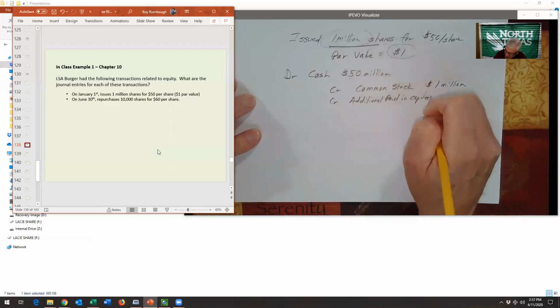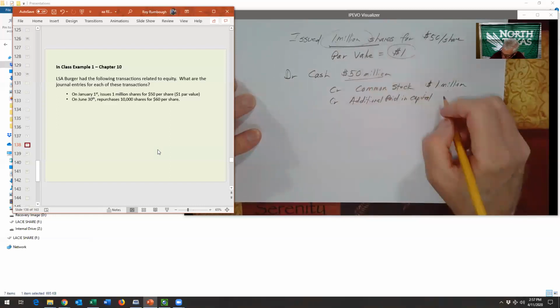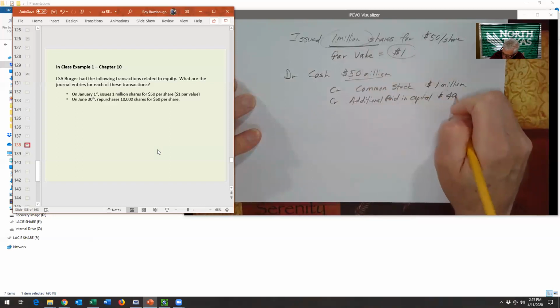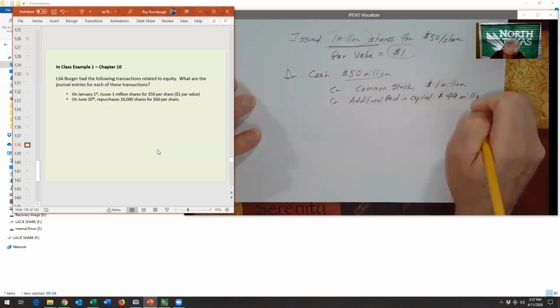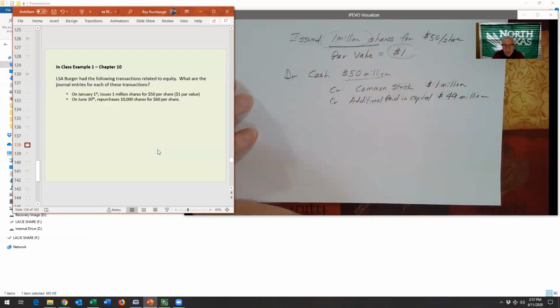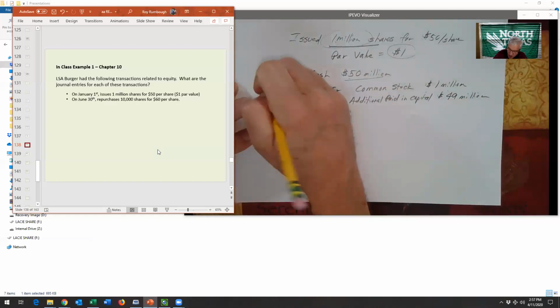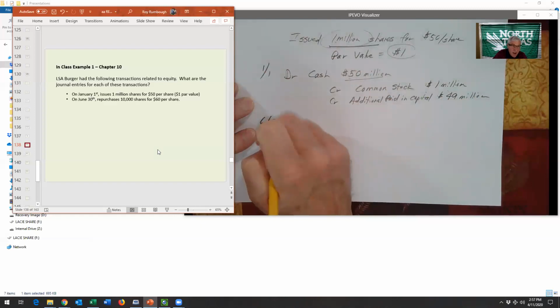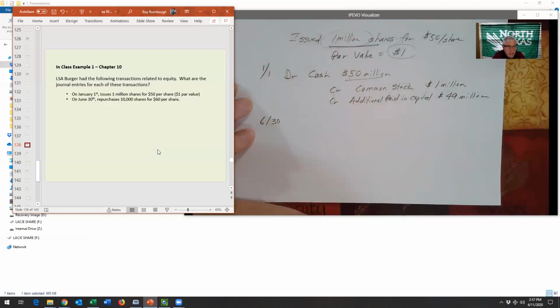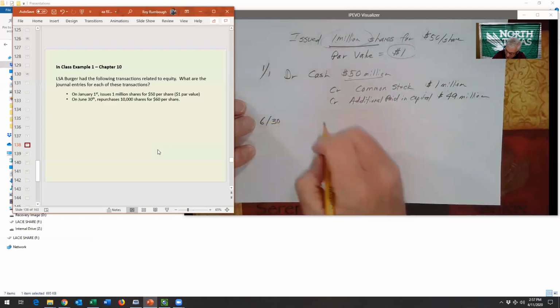How much? Whatever's left over: 50 minus 1, 49 million. That easy, folks. Now on June 30th, so this is January 1, on June 30th, they bought back some of these shares. They bought back 10,000 shares, so repurchased.